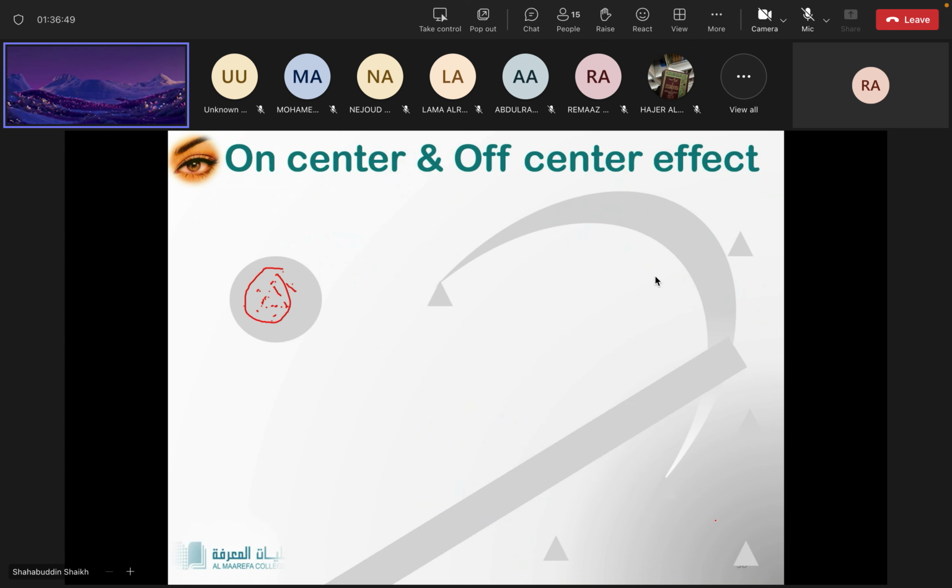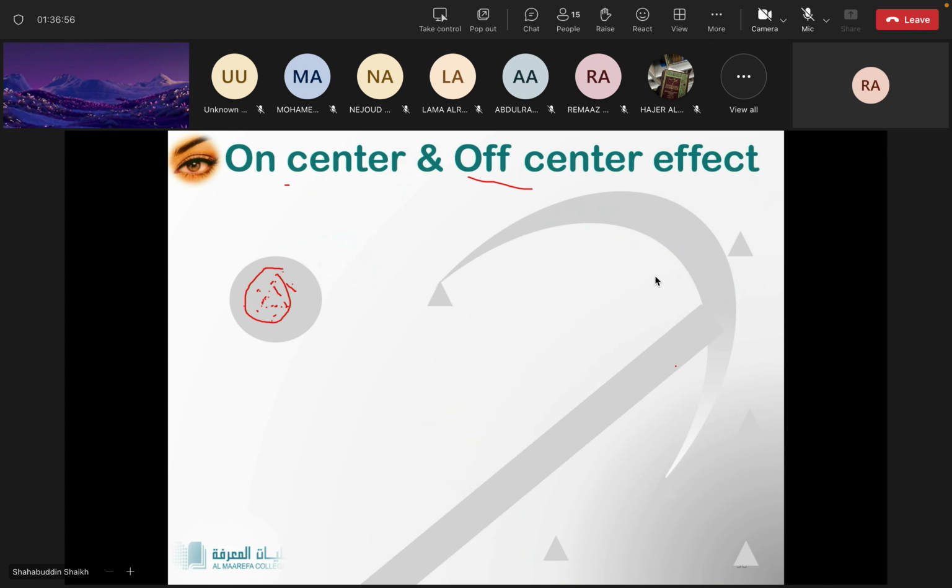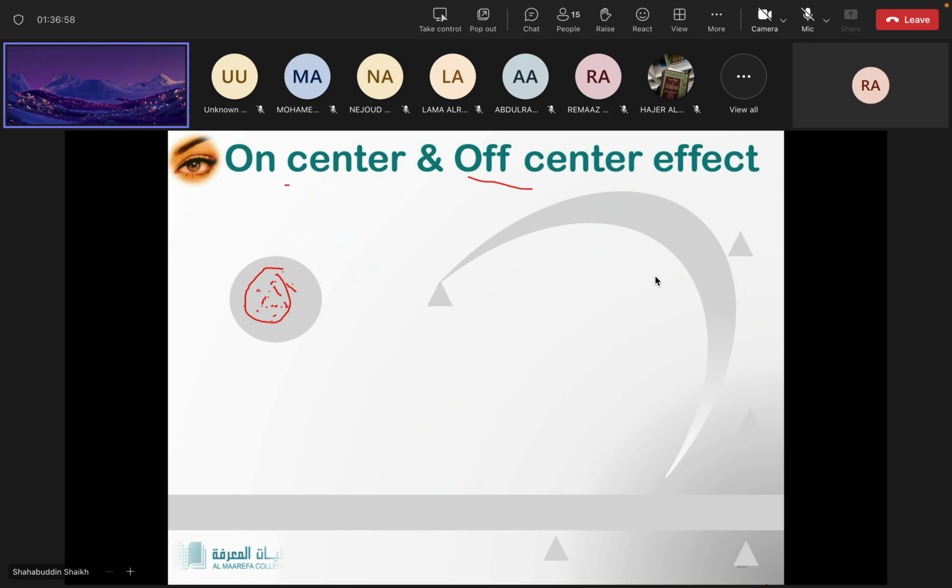Why this is occurring is because our eyes are using the on center and off center effect, and here the background is becoming dark and here the background is becoming light. The rod is not changing color, only the background change is occurring. Here the background is dark, therefore the rod looks light, and here the background is light, therefore the rod looks dark. The color of the rod is not actually changing. Are we clear?